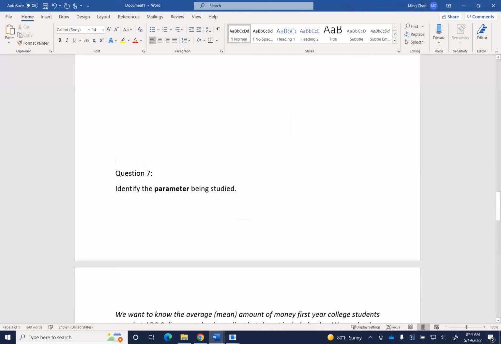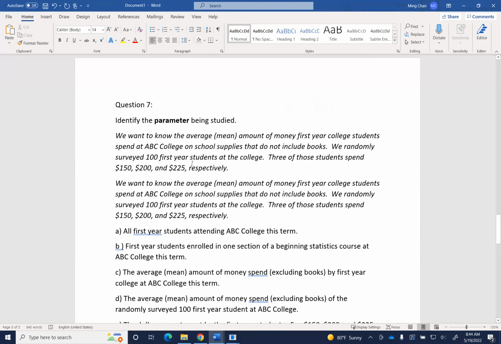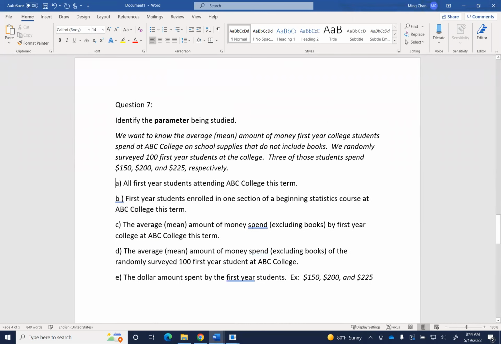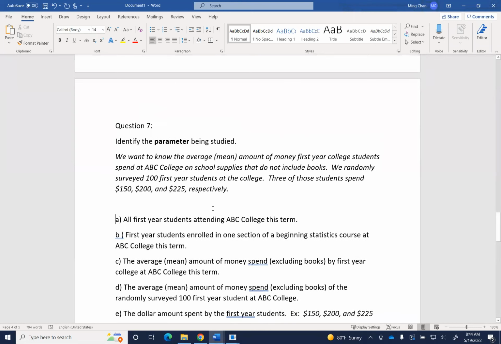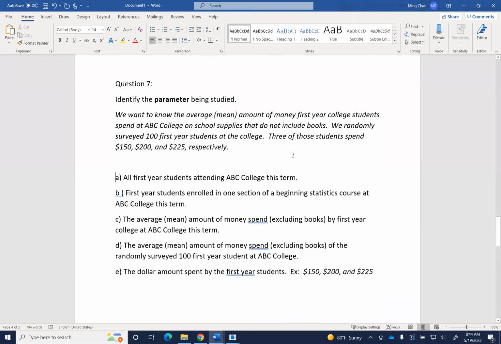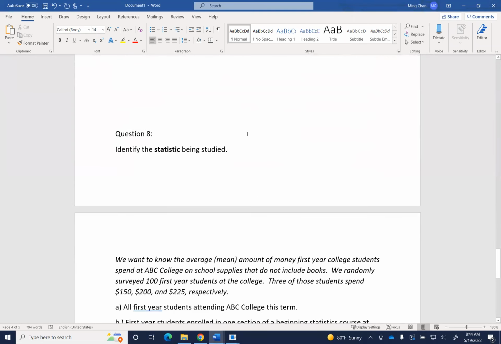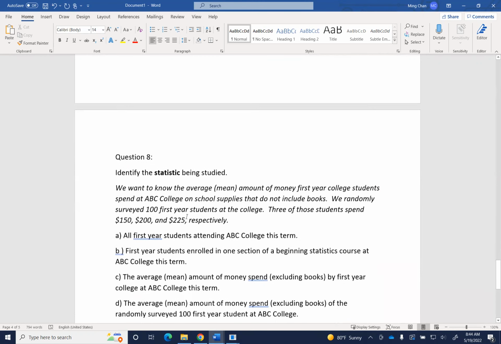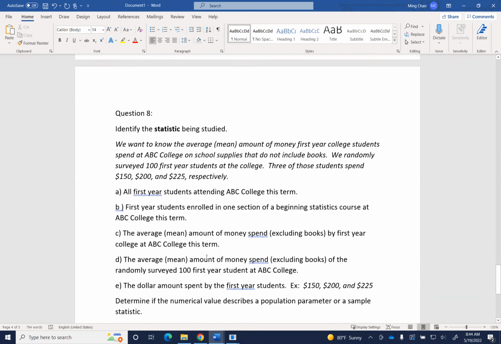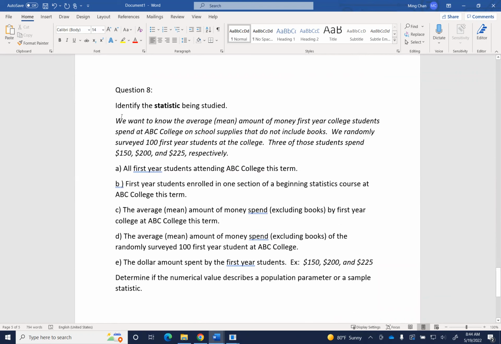And question 7, I want you to identify the parameter that is being studied in this scenario. Question number 8, identify the statistic being studied in this scenario. So make your choices, read through these choices and think carefully.